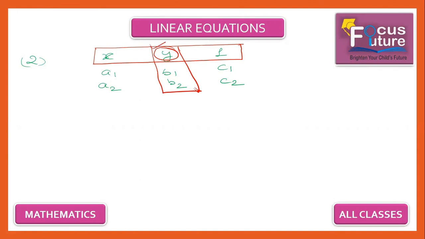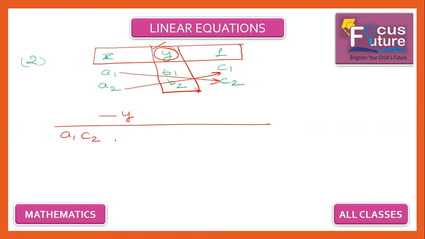Now you would cross multiply. For y, you would have to take one precaution. So y would be minus y divided by a1 c2 minus a2 c1, right?